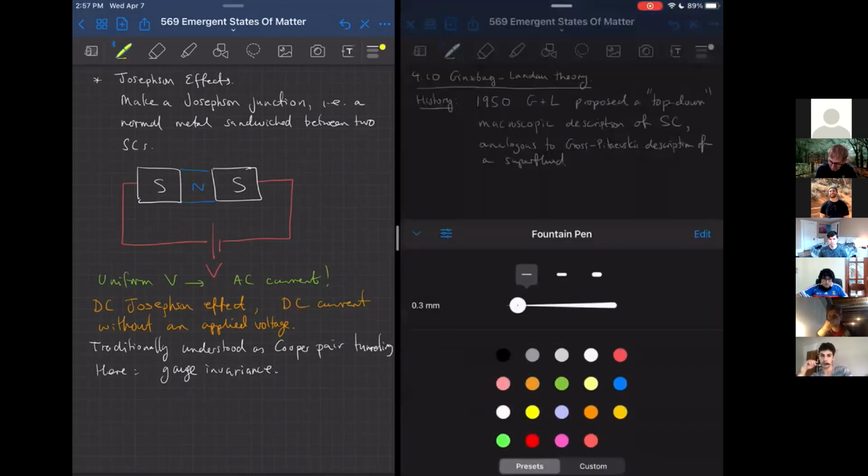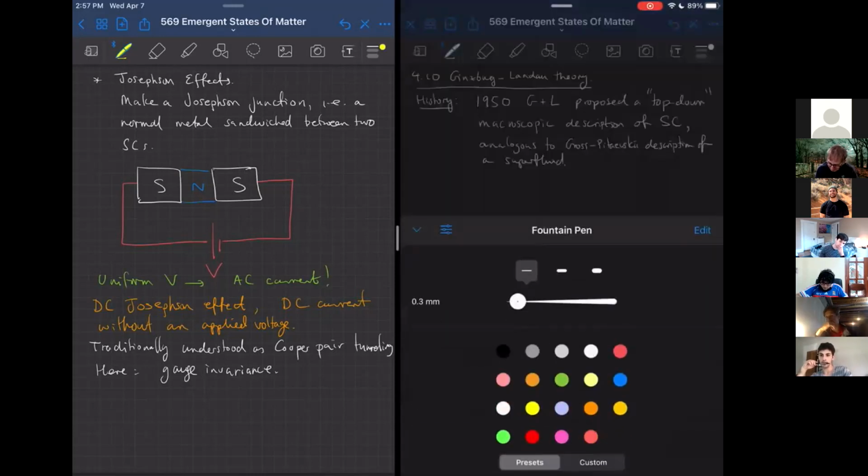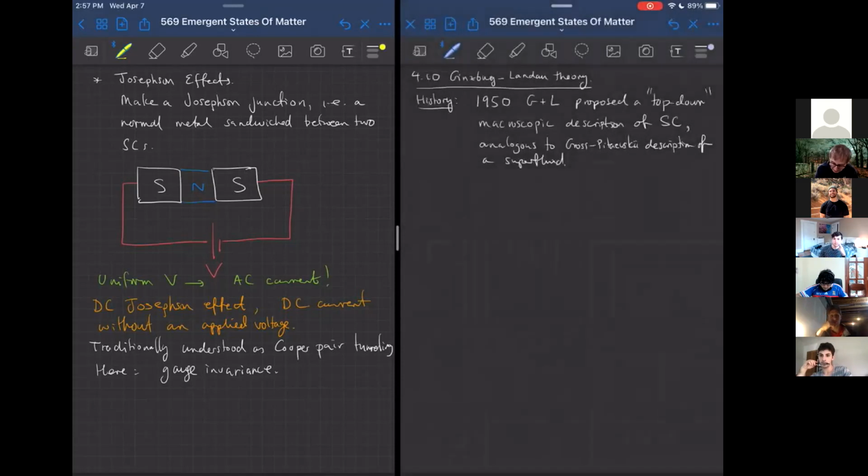And in this description, there was some kind of superconducting wave function, which was not really defined. And there were things in it that needed to be ad hoc, and I'm going to talk about that.